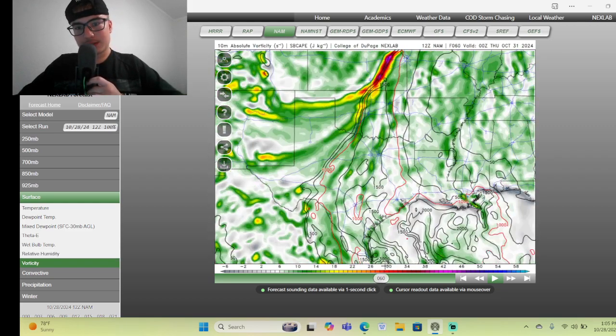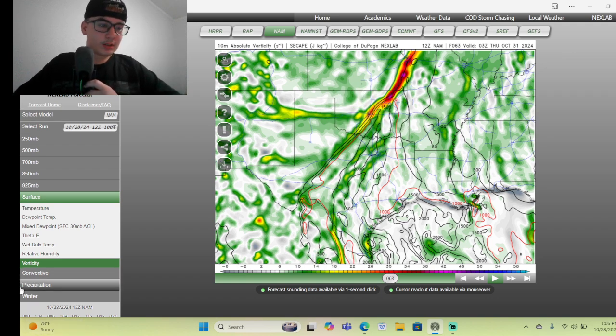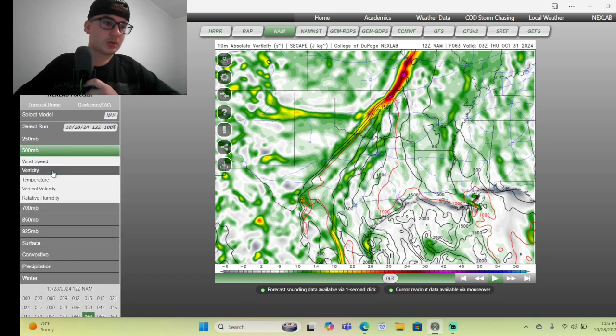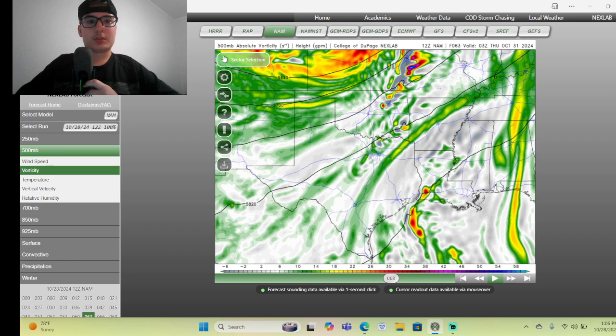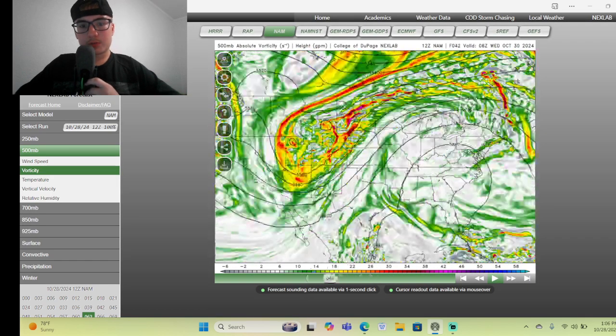The vorticity levels basically show where the most rotation with that positively tilted trough could be, and also show the instability. We go back to the 500 millibar vorticity because I really wanted to show y'all the contiguous US.